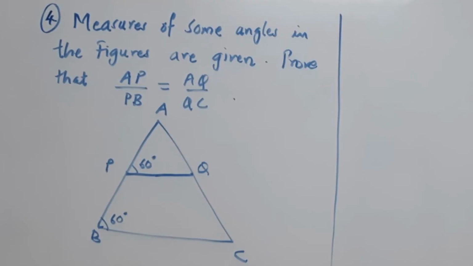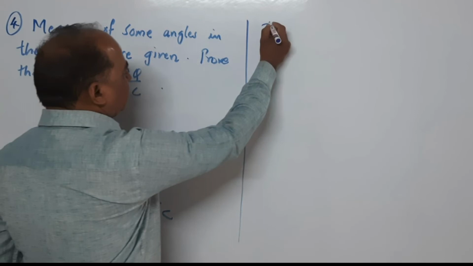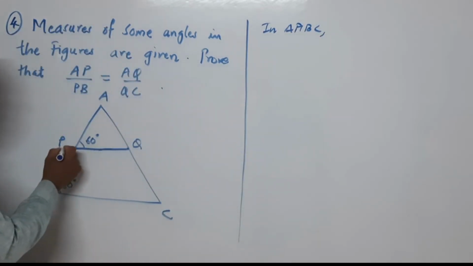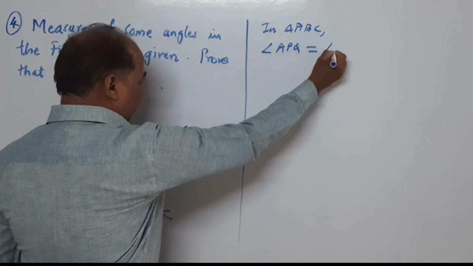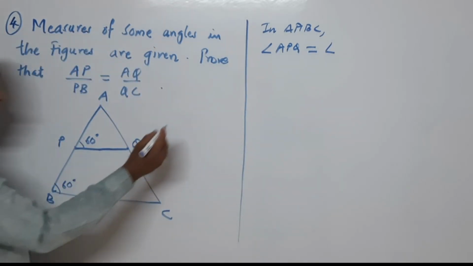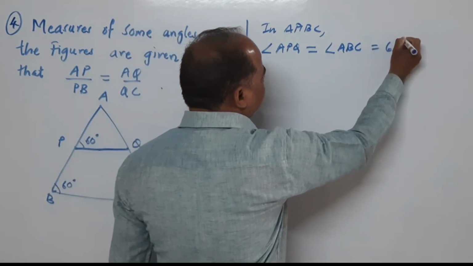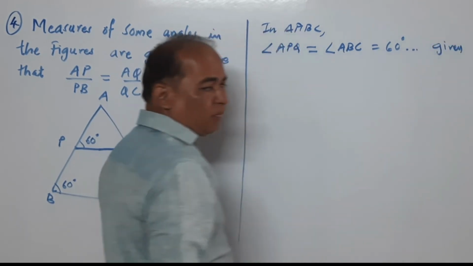Fourth example: measures of some angles in the figure are given. We have to prove that AP upon PB is equal to AQ upon QC. Now in this triangle ABC, angle APQ is equal to angle ABC is equal to 60 degrees, which is given in the figure.